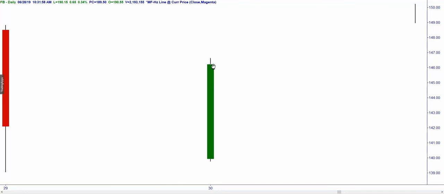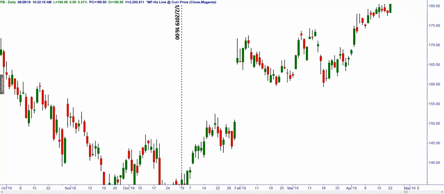So this thing basically finished within probably 5% of its range, if you look at its range from 0 at the bottom to 100% at the top. It finished pretty much within the top 5% of its range for the day. That would be referred to as a very bullish candle.